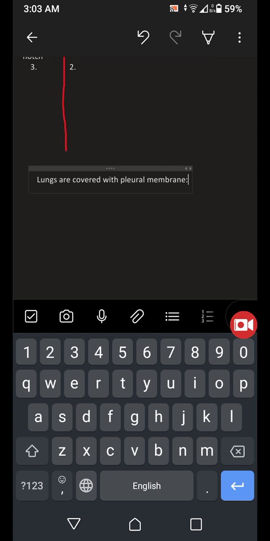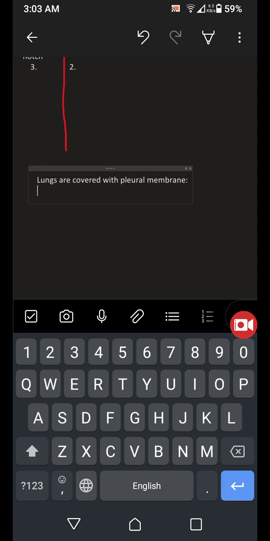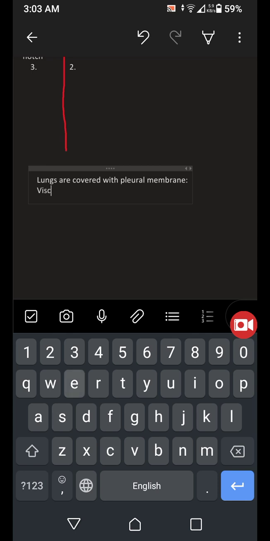And basically, the pleural membrane is divided into two parts. The first one is visceral pleural membrane, and the second one is parietal pleural membrane.